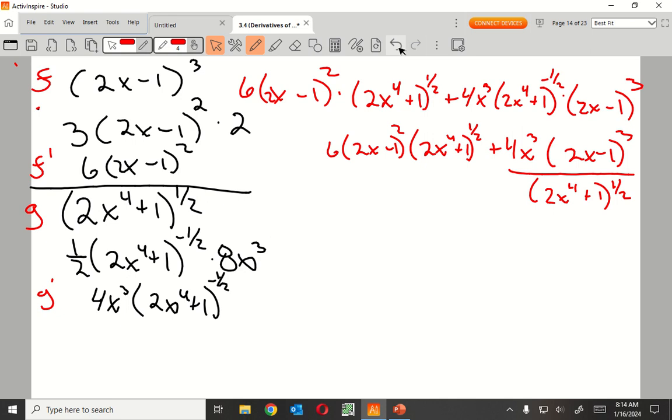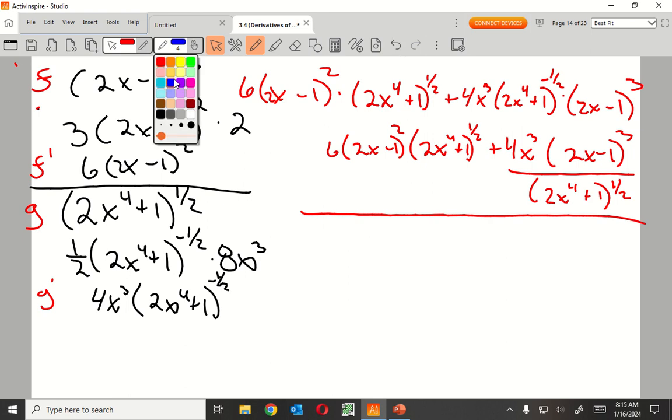So I'm factoring it out. I'm dividing it out of both. All right, so 2x minus 1 squared.